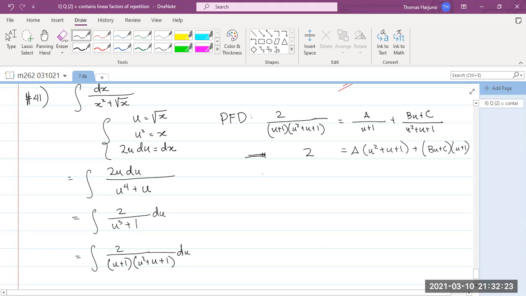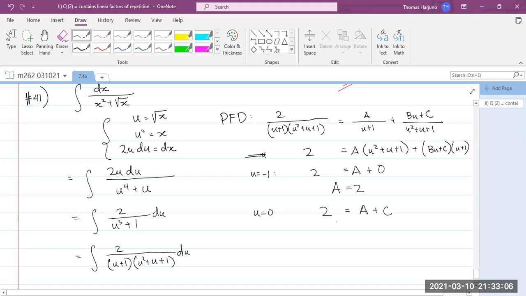When u equals -1, I get 1 and 0. Oh, yeah, because -1, this is 1, this is -1, and I still have 1, right? While the second term, when u equals -1, turns out to be 0. Okay, so a equals 2. Now, how about the rest? Let's choose u equals 0. Hopefully that helps. So when u equals 0, I get a plus c.